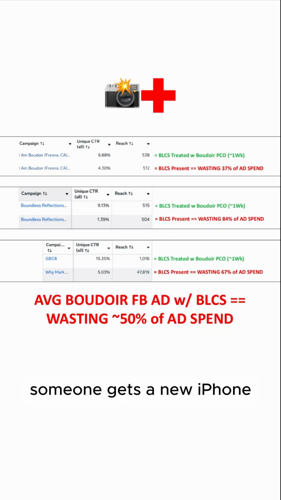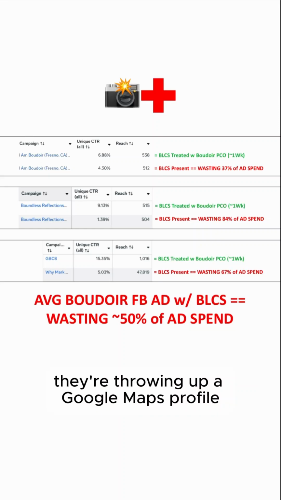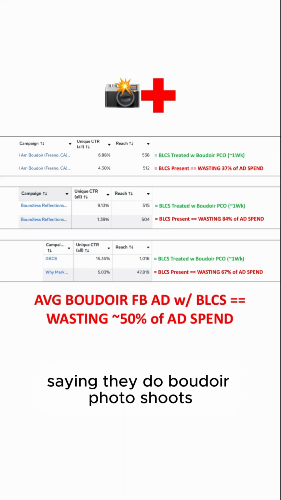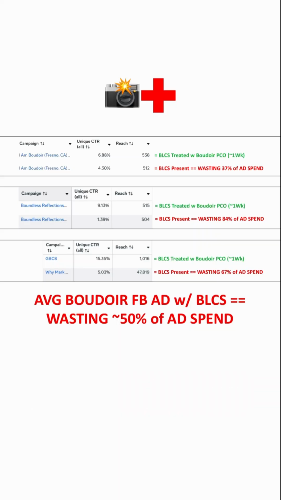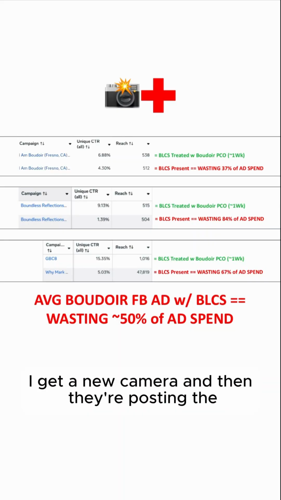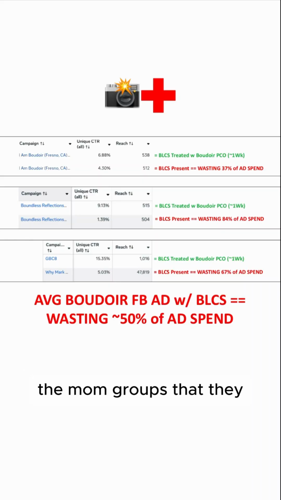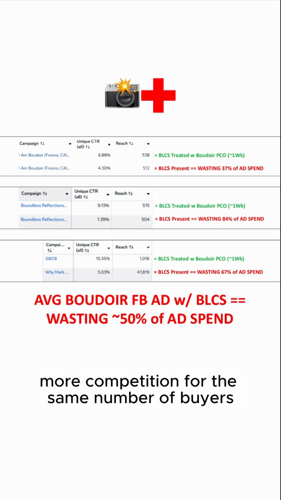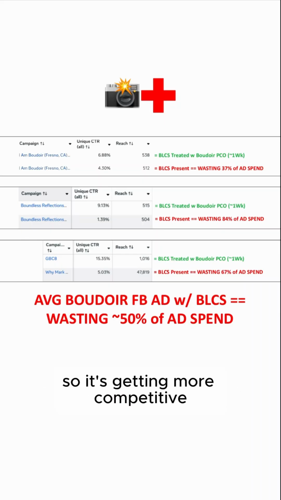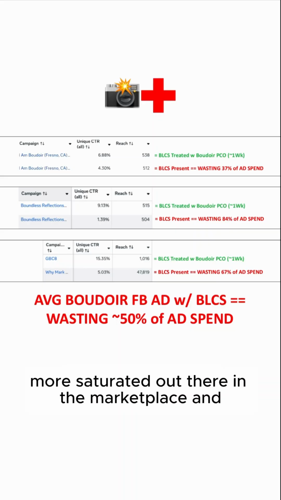Someone gets a new iPhone, all of a sudden they're throwing up a Google Maps profile saying they do boudoir photo shoots, or they get a new camera and then they're posting in the mom groups that they now do boudoir photo shoots. So it's basically more competition for the same number of buyers.